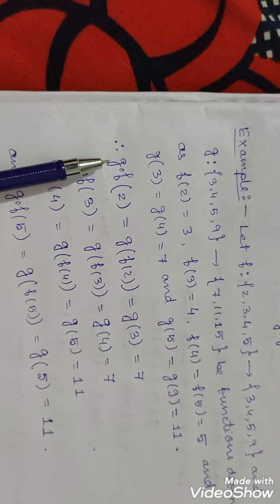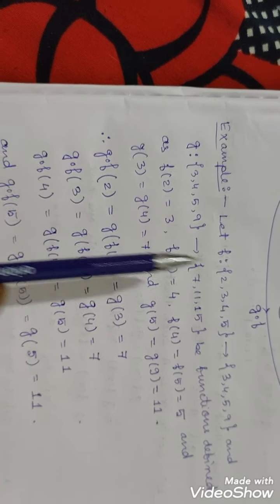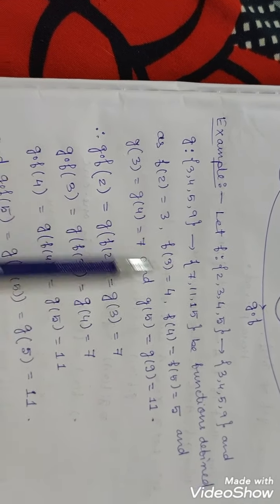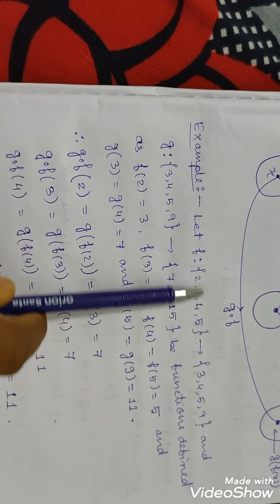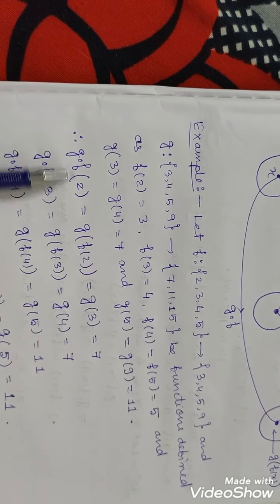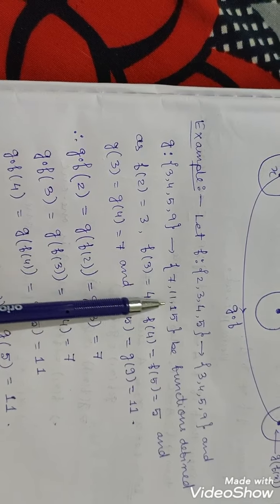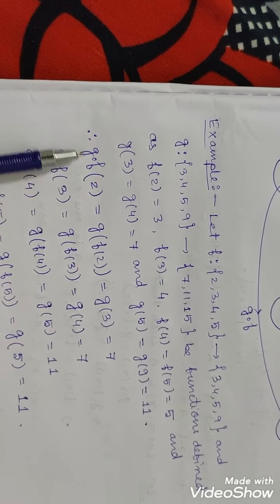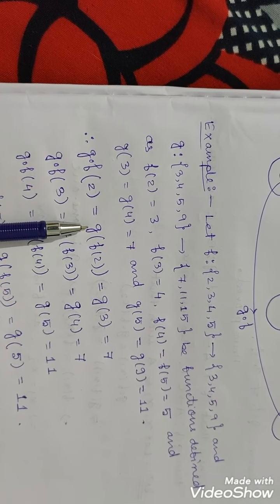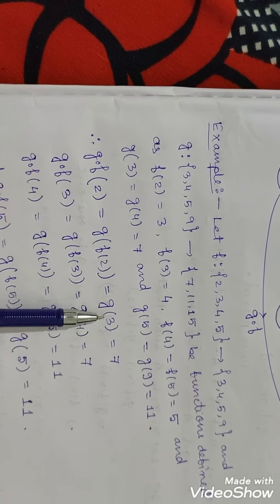So for composition, we know g dot f, so you have to take one element from the first set A. If you take one element from this set, then the composition function has an image in the set C. So (g dot f)(2), we can write this as g of f of 2, and f of 2 is already given as 3, so we put 3 here.